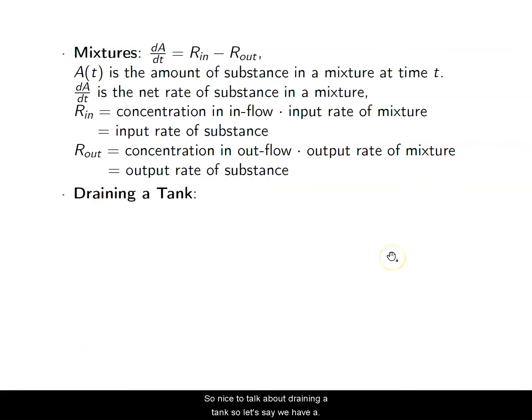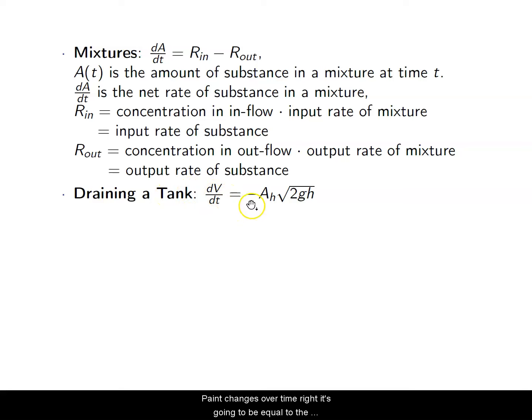Okay, so next let's talk about draining a tank. So let's say we have really any size or shape, cylindrical, conical, right? It doesn't really matter. But the volume of a tank changes over time, right?